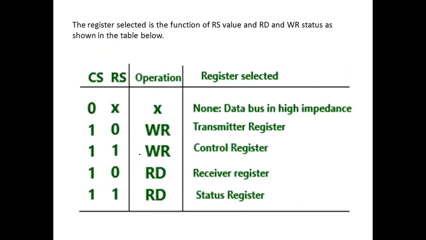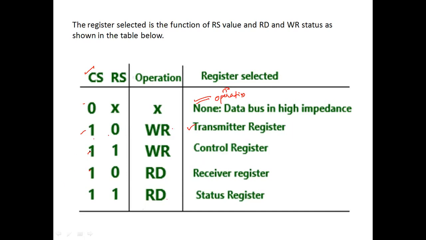Now looking at the functional table, when chip select is not selected, we do not perform any operation. No operation is done. When chip select is 1, only then the write or read operation is done. If it is 1 0, the write operation is done and the transmitter register is selected.